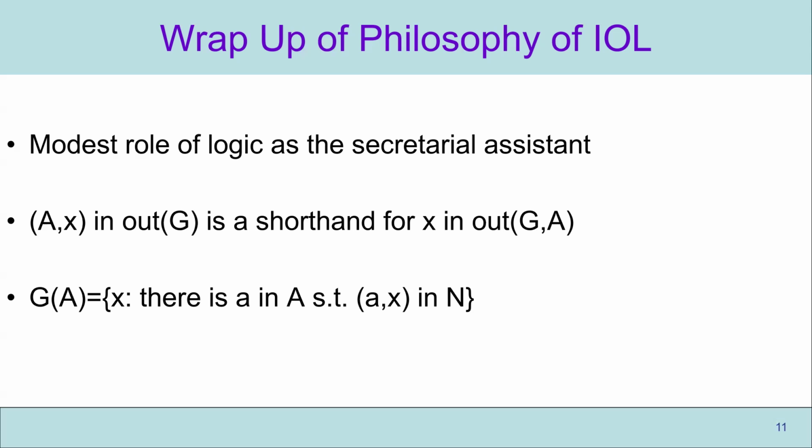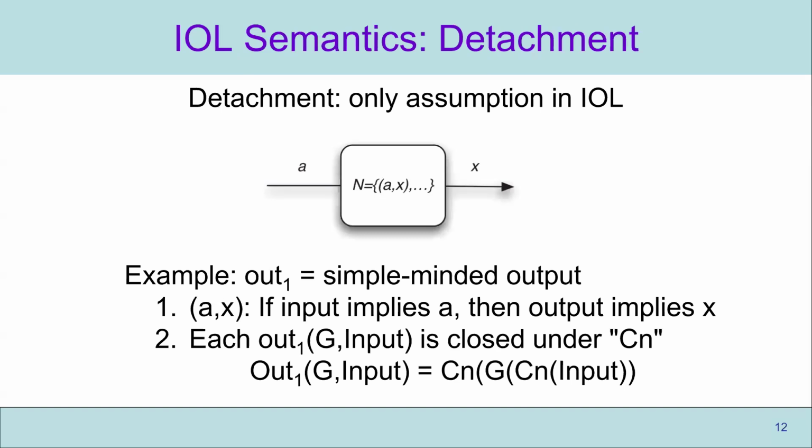We have a consequence operator, which we now call an output operator. We have A, which is the input, and we have this set of generators, these conditionals, and then we have X in the output. But then actually what we will do is we will take a consequence operator on this set of conditionals, and we will be deriving conditionals from it. So that's really the whole trick, and I will show you how this works.